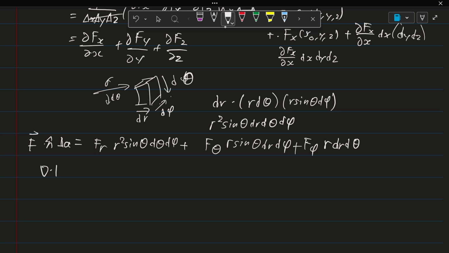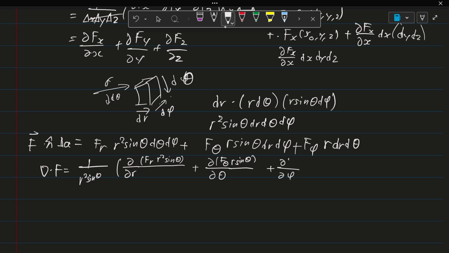So you could get the divergence to be r squared sine theta dr d theta d phi, which will later cross out, and it will have partial over partial r of fr r squared sine theta, and then in the theta direction, f theta r sine theta, and lastly there's the partial phi of r f phi.